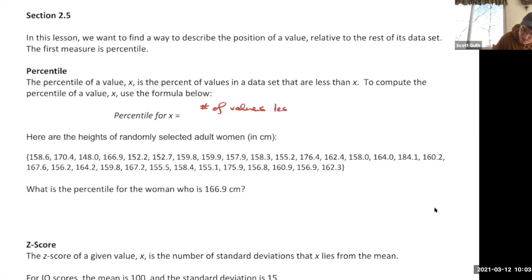And then you would divide by the sample size, which is n. And then you should multiply this by 100 and round to a whole number.